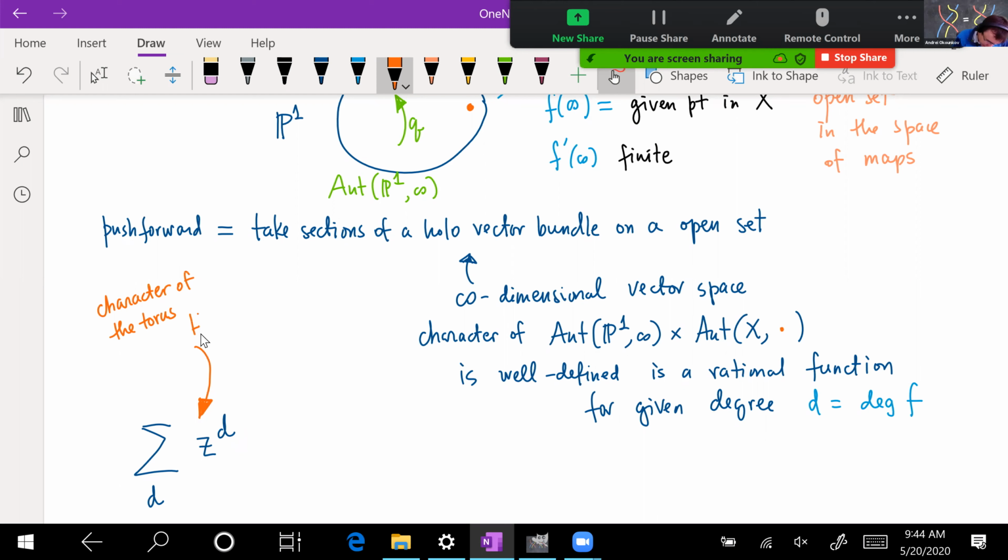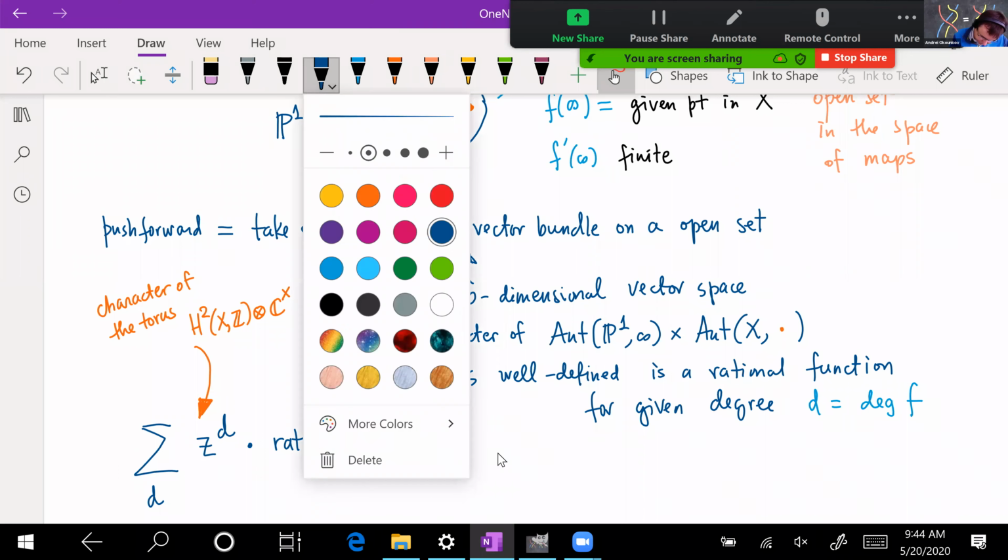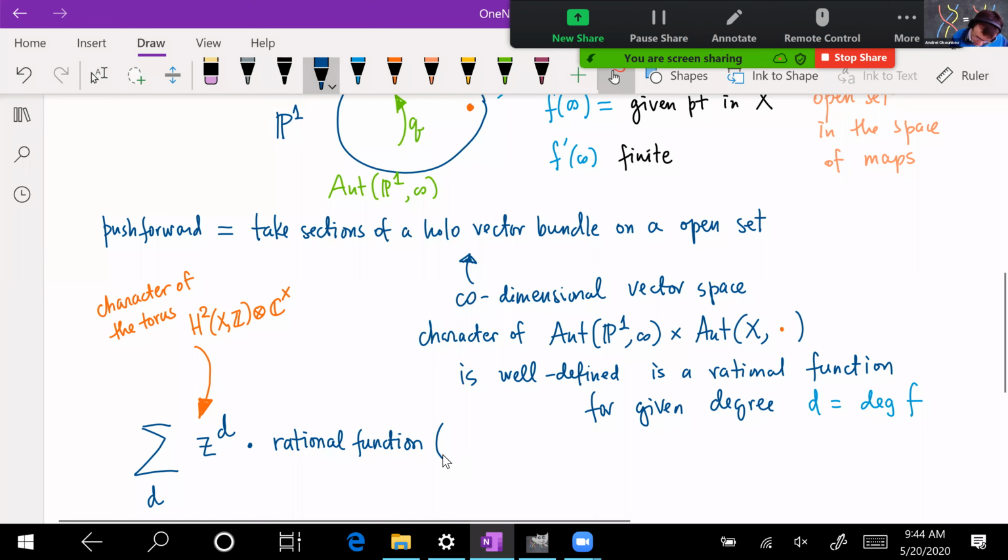So the torus will take the second homology of X with Z coefficients, and take the tensor product with C star, the multiplicative group of your field. And this is times this rational function. This rational function is a function of some variables. There was this variable Q, remember, and then we need some kind of coordinates on this space.